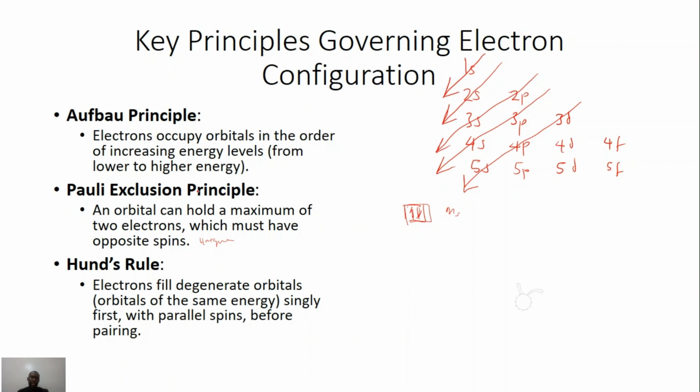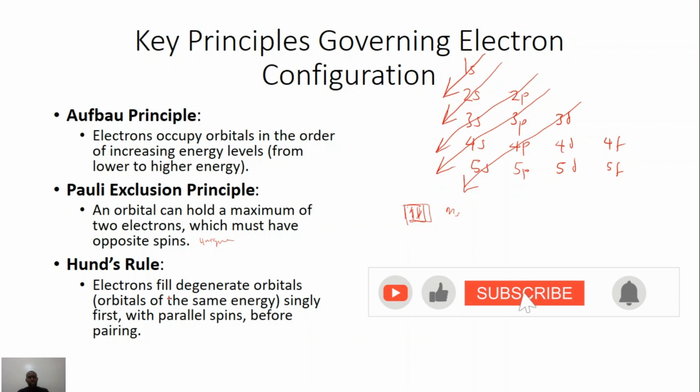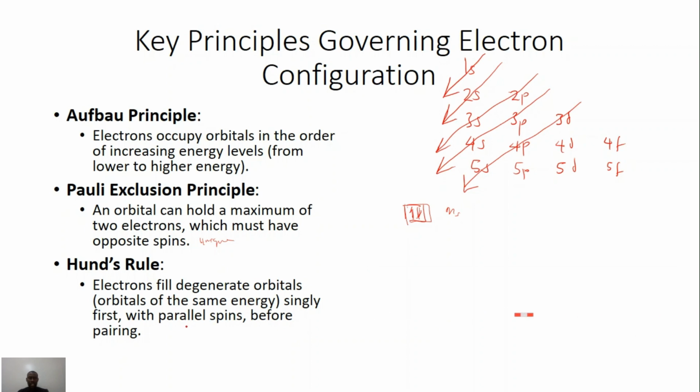Okay, and Hund's rule states that electrons fill degenerate orbitals singly first with parallel spin. The degenerate orbitals are p, d, and f, while s is non-degenerate.